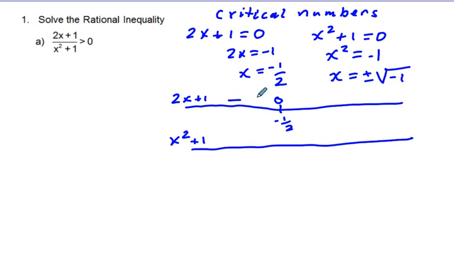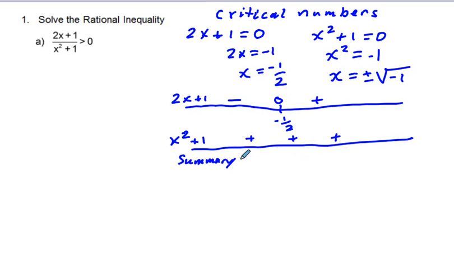So our sign to the left of negative 1/2 in the numerator is negative, and to the right is positive. Now, for the denominator, there is no critical number associated with it, so we have a plus here, a plus here, and a plus here.